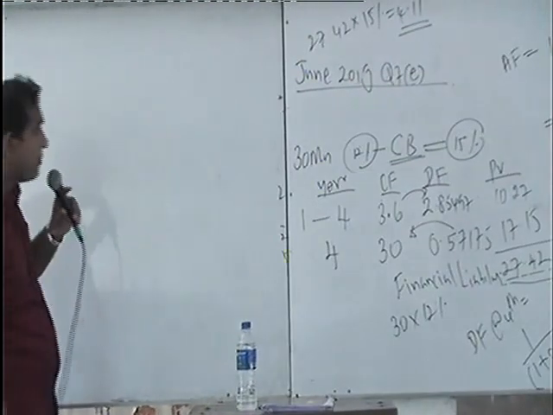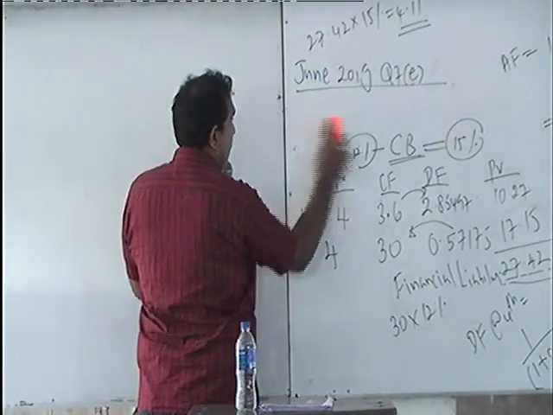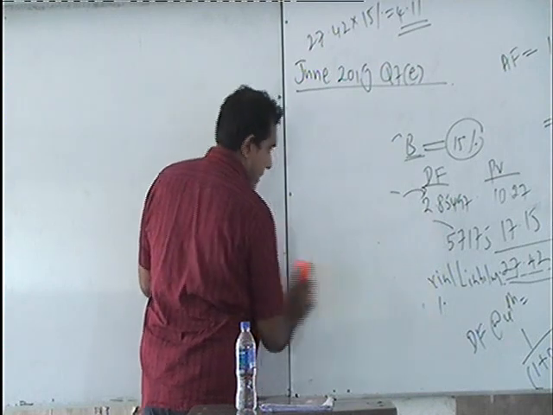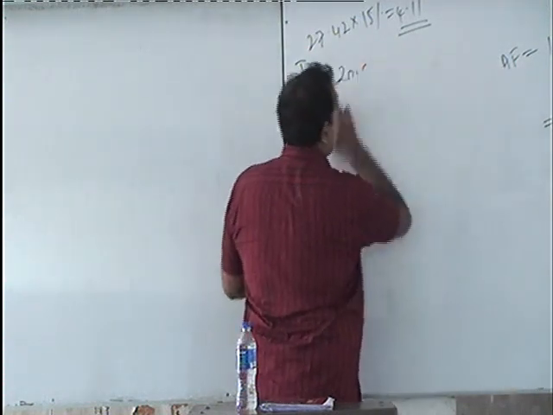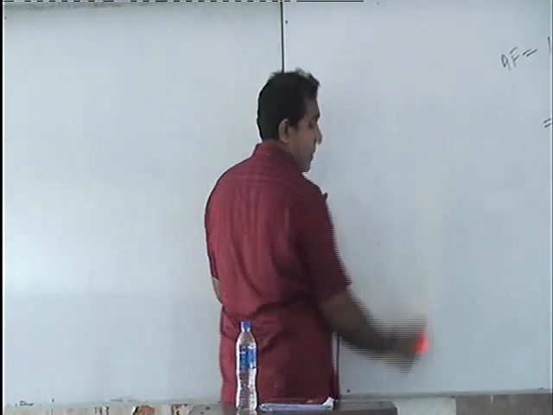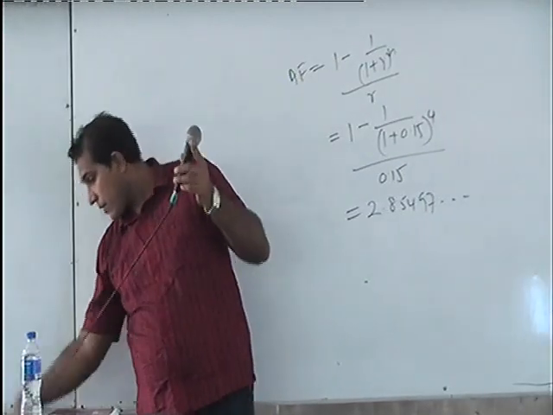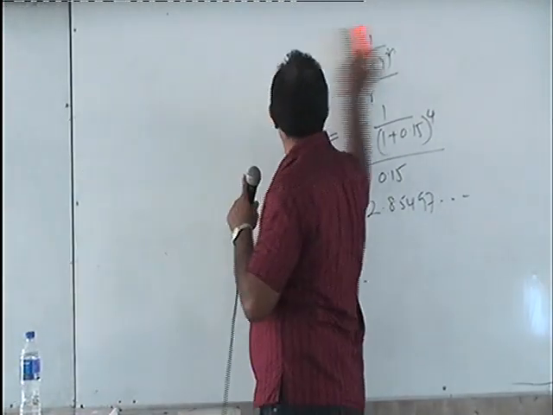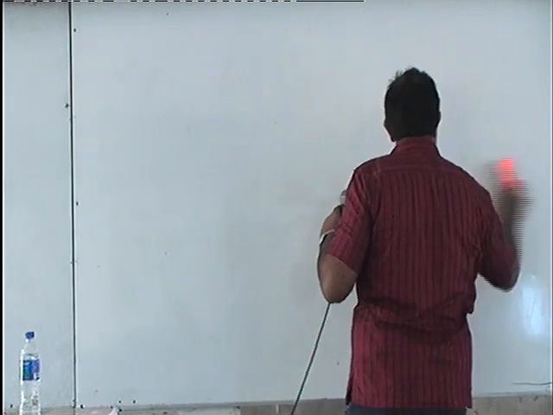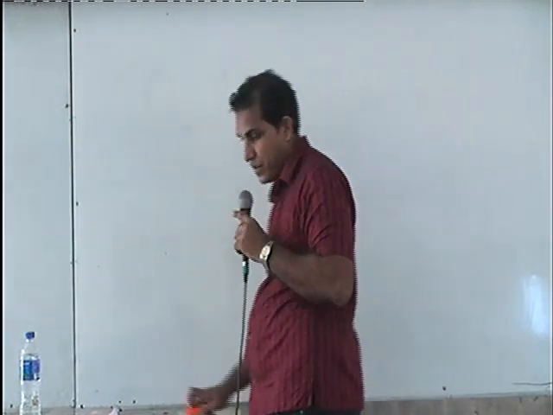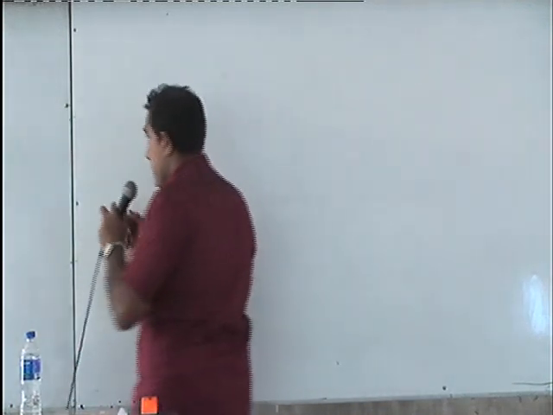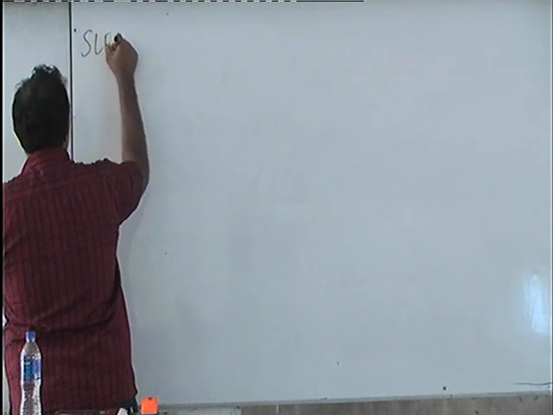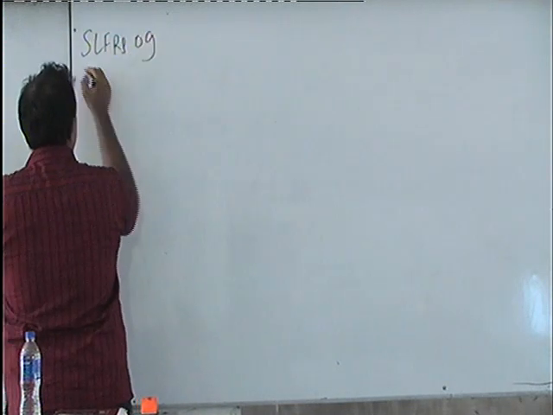Take 2 pages, and in the middle of the 2 pages you can write SLFRS 9 financial instruments.